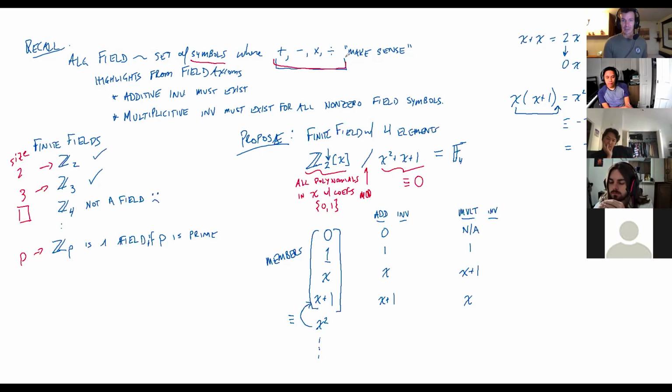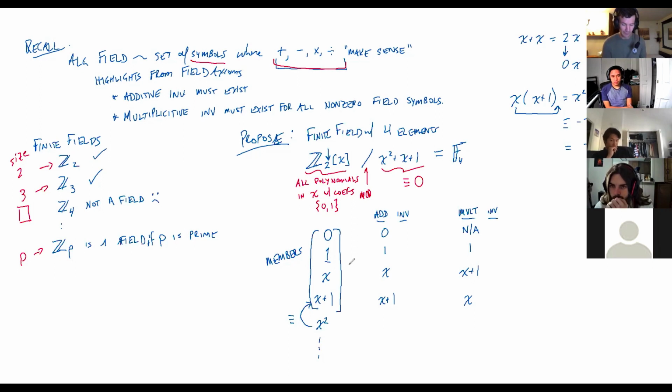But what it also means, and one of the consequences of this definition of a field, is that the members are 0, 1, x, and x plus 1, but that's only because of how we built up a familiarity with these particular symbols.